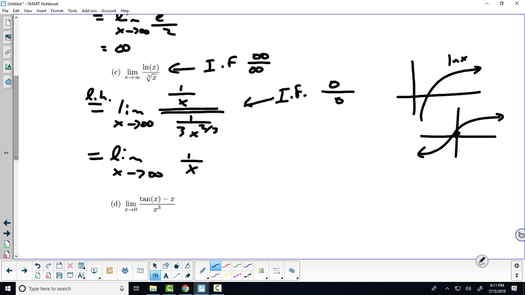Multiply by its reciprocal. Yeah, we multiply by its reciprocal. Invert the denominator, specifically. Invert the denominator and multiply it. So this gives me 3x to the 2/3 over 1, which is the limit as x approaches infinity of, well, let's see here, that would be 3 over x to the 1/3.